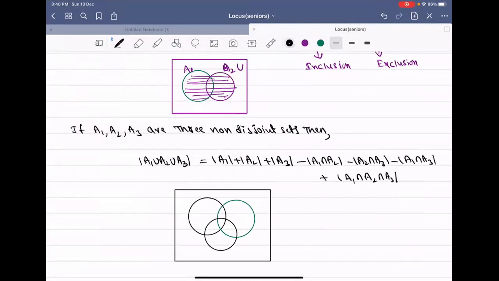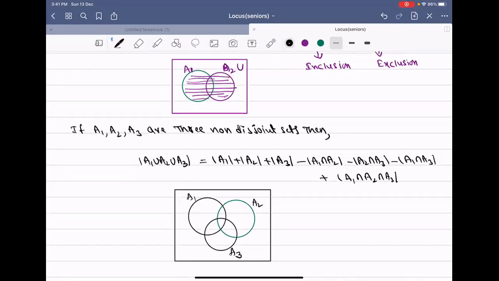If you add A1 plus A2 plus A3, the A1 intersection A2 part is counted two times, so we need to subtract it once. Likewise A2 intersection A3 and A1 intersection A3 are each subtracted once.